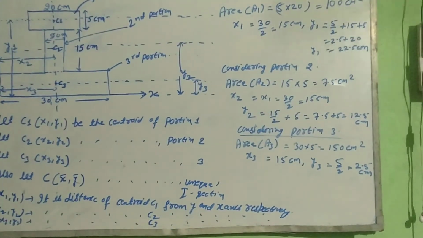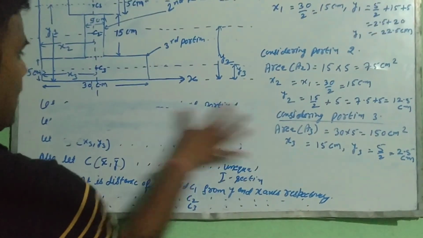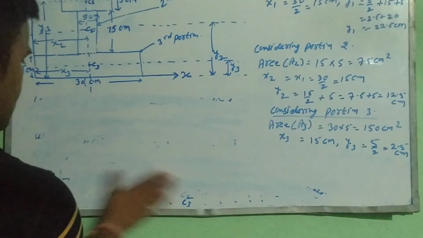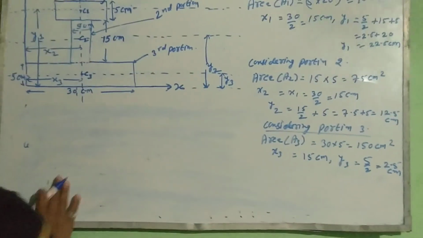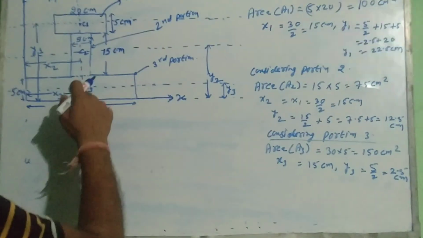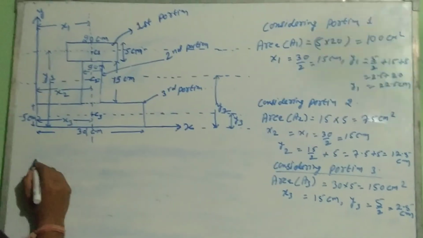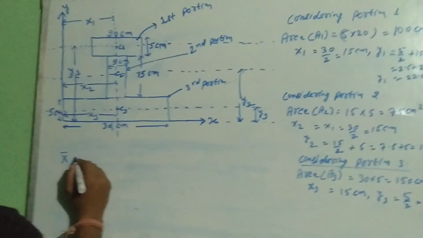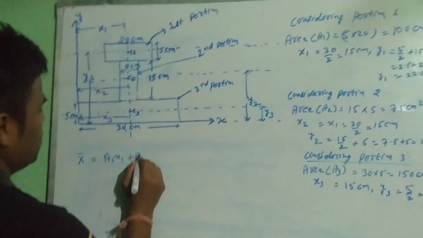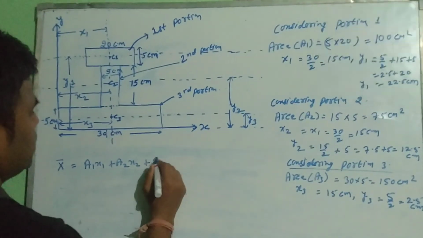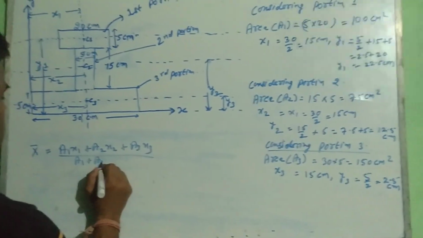Now I will erase this portion. I am interested in finding the overall centroid of the I section, that is C. For x bar, the formula is A1 x1 plus A2 x2 plus A3 x3 divided by A1 plus A2 plus A3.